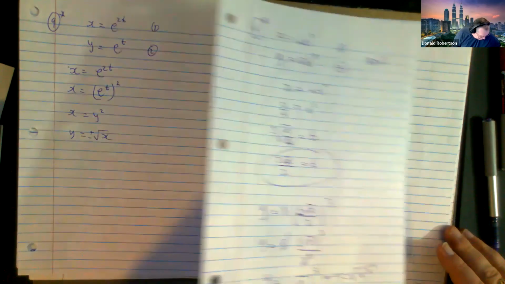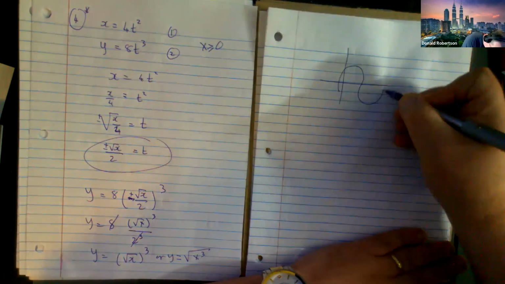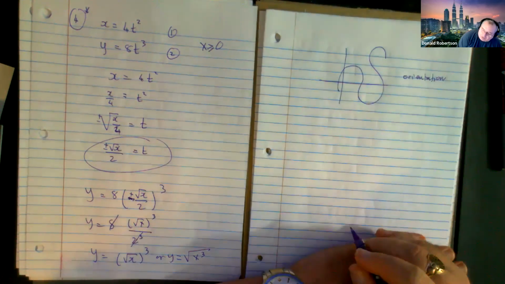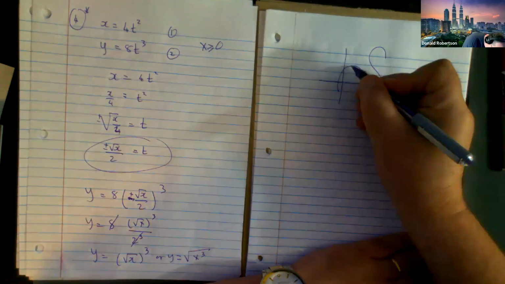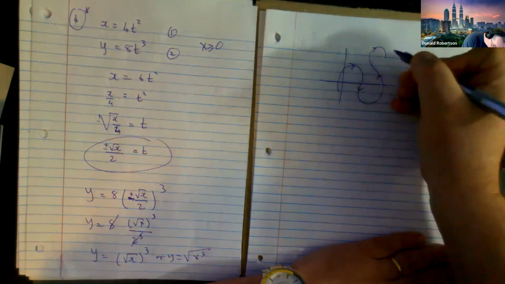Now, the things that we've kind of left untouched: when you sketch a parametric curve, let's say it looks weird like that, there is what's called an orientation. Parametric curves have a direction, an orientation. They can go that way, or you could go the opposite way.